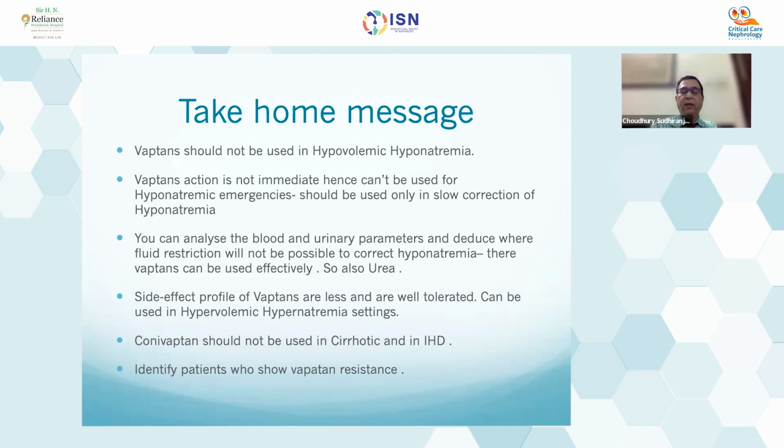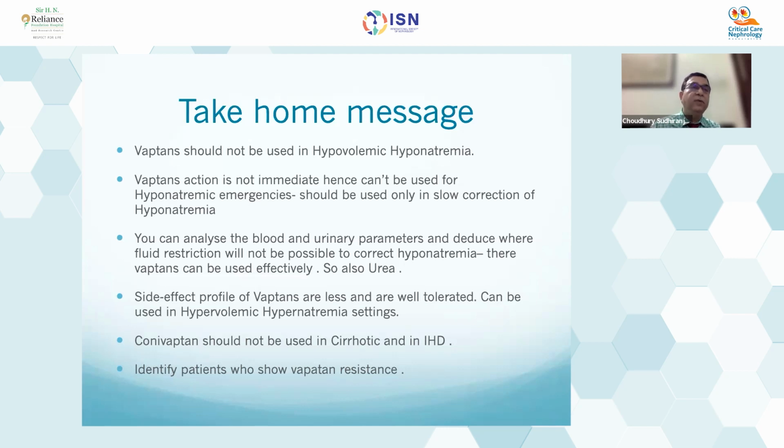Also the urea. Urea is also one of the molecules which was used before the vaptans were discovered. Urea is, as I said, a hygroscopic molecule, and its presence itself will cause effective free water excretion.